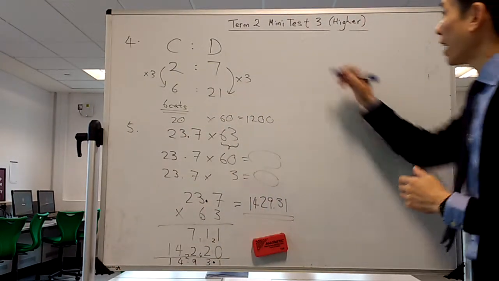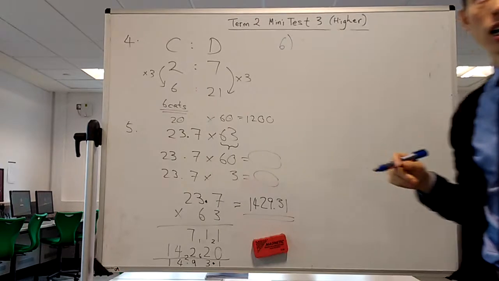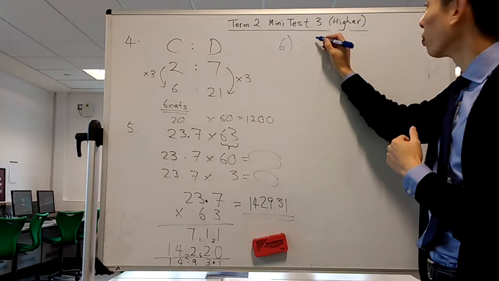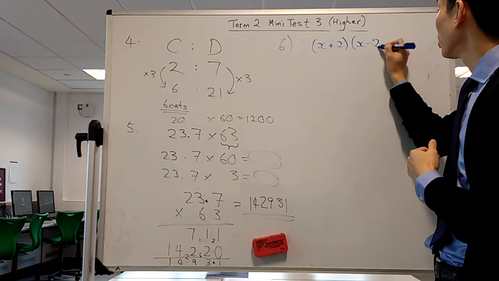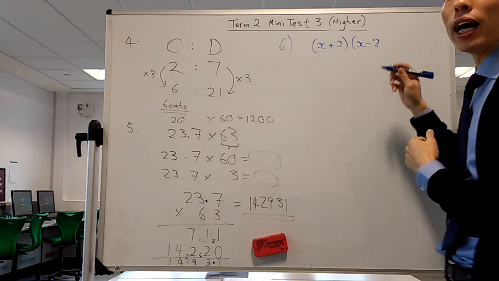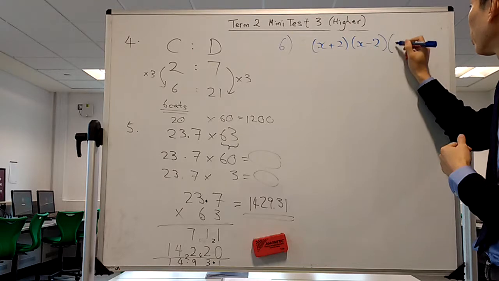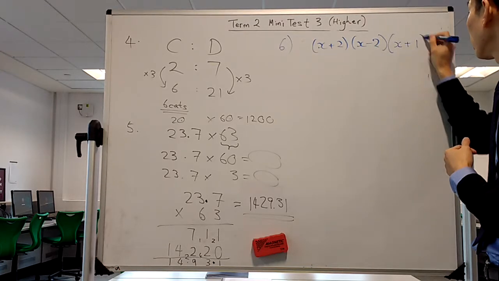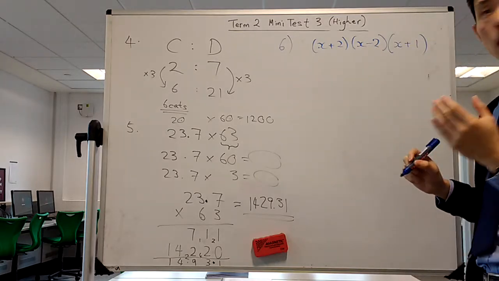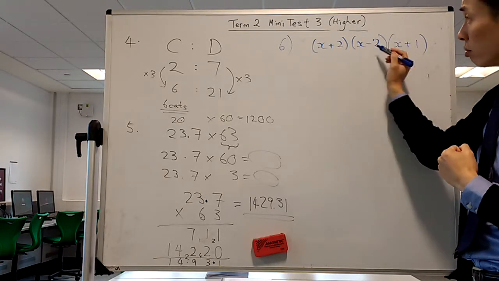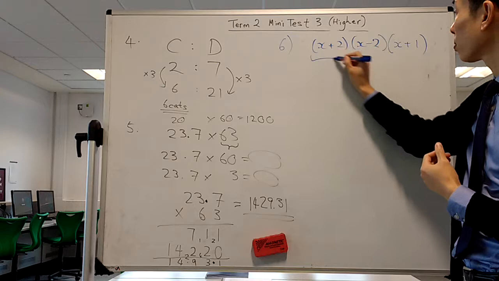Okay, it's expand. This time it's 3 sets of brackets. So x plus 2, x minus 2, and x plus 1. Okay, so expand the first 2 brackets first.